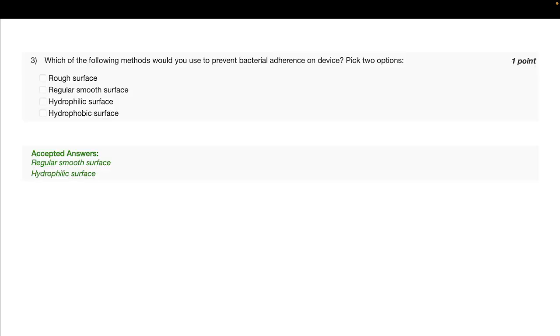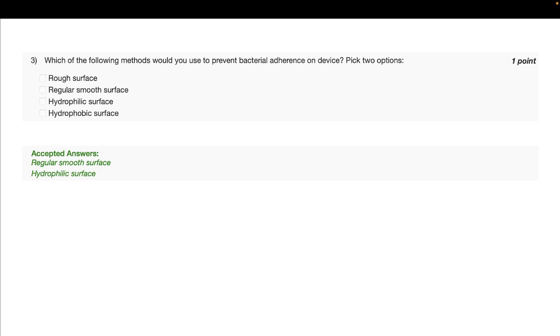Whenever you have a rough surface with a lot of projections instead of a smooth surface, it has more surface area for the bacteria to adhere to. So a rough surface gives more sites of adherence for the bacteria, but we want to prevent this. In order to do that, first of all, you give a regular smooth surface so that it does not have many sites of attachment, and the bacteria don't adhere on the device.